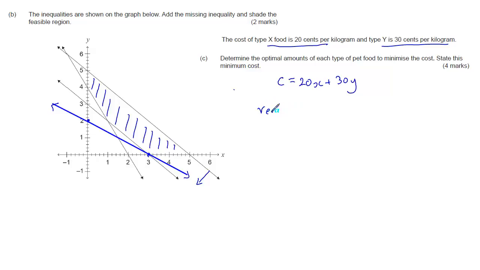And now what we need to do is identify the vertices of the region and be systematic about this. So vertex and cost. So my first one I'm going to say is 0, 5, and then let's work around in an anti-clockwise direction. So we've got 0, 4.